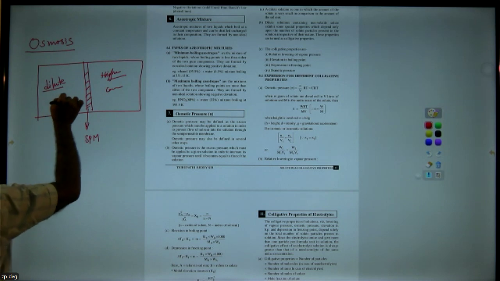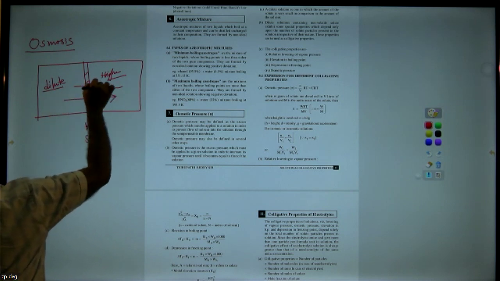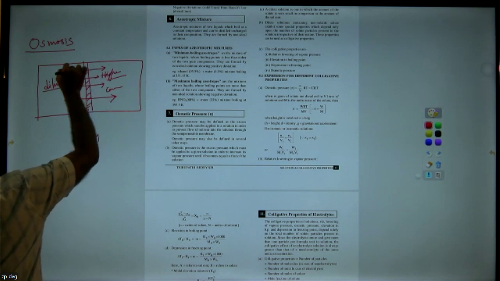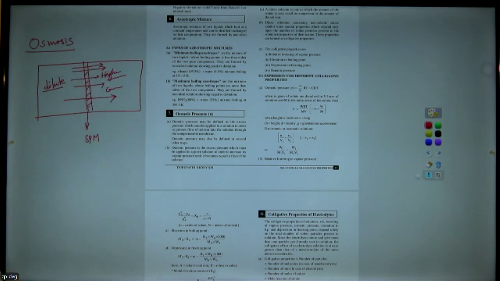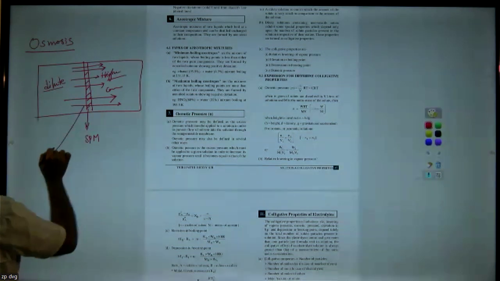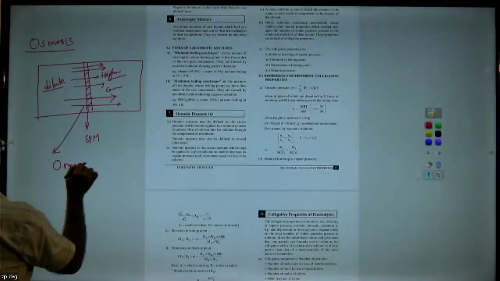The movement of molecules takes place. Which molecules? Solvent molecules move from the dilute solution to the concentrated solution through the semi-permeable membrane. This spontaneous phenomenon is known as osmosis.